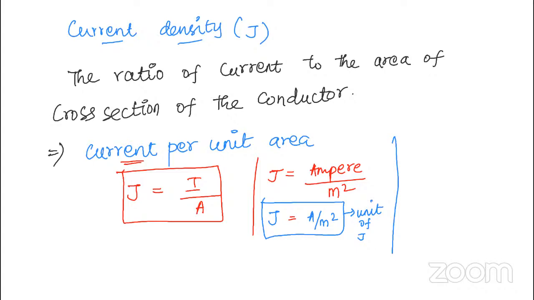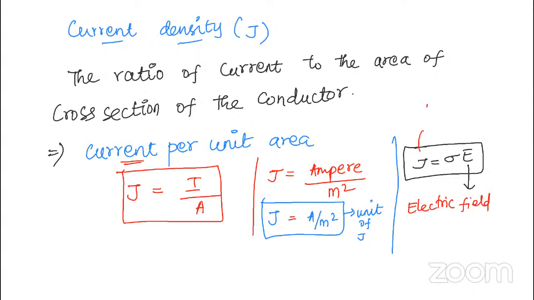Here one more important relation connects current density and the electric field. What is the expression? J = σE. This is one of the very important relations which connects with the electric field E, and J is the current density.